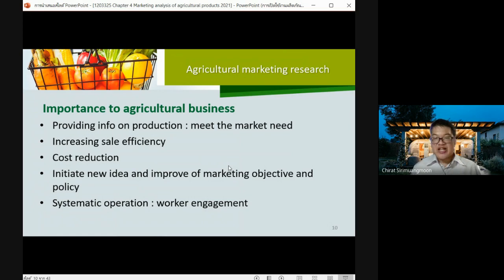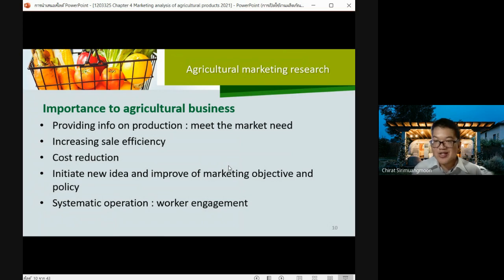Then agricultural marketing research is also used for worker engagement, because if you have systematic agricultural marketing research, it means the worker can see that you work with a good system. Then they want to join, they want to participate, and contribute their part to your business.